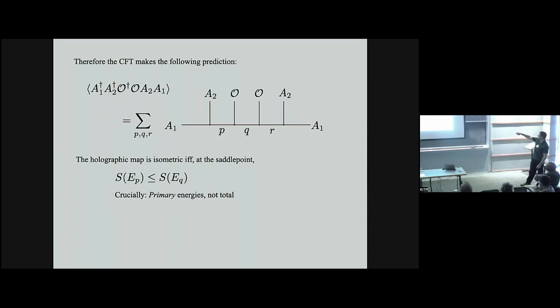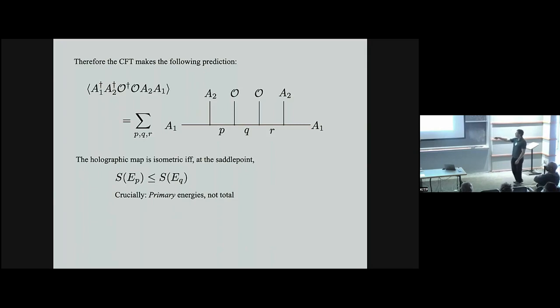These primary weights determine the bond dimensions in the tensor network, and therefore, in order for that tensor network to be mapping from small to big, we need these entropies to be ordered small to big.